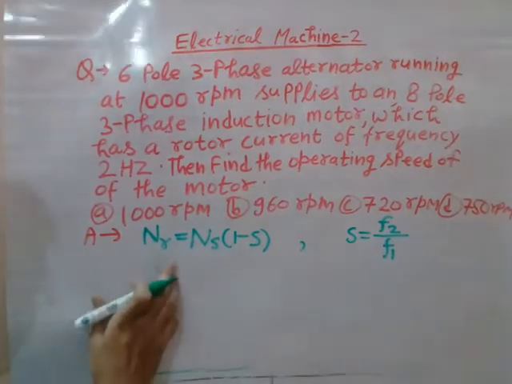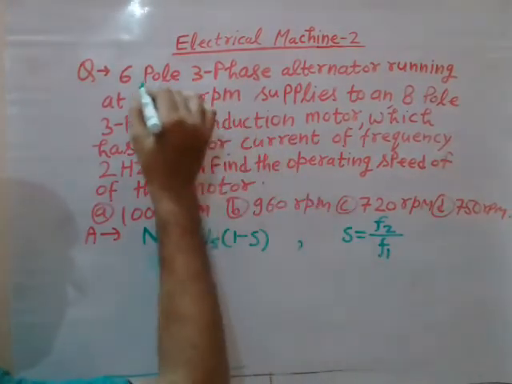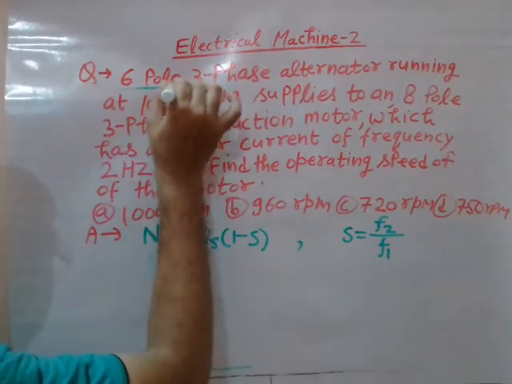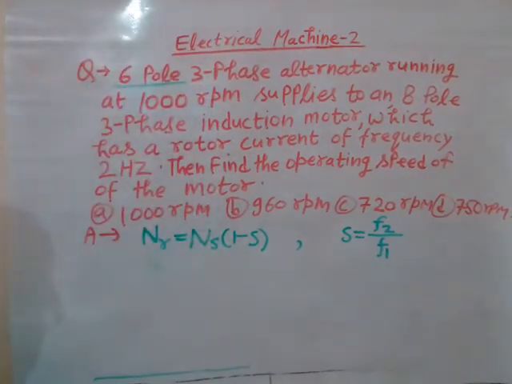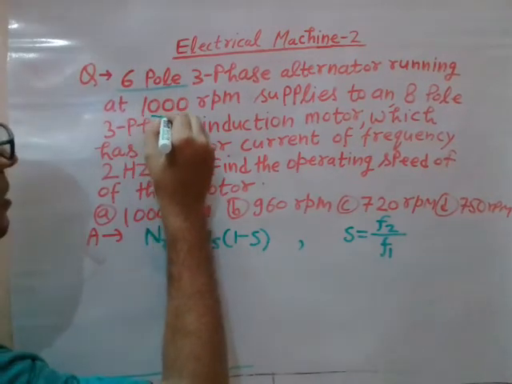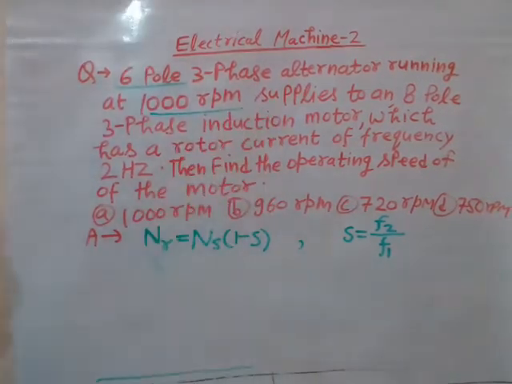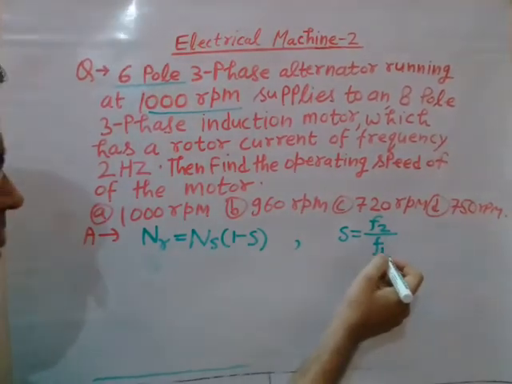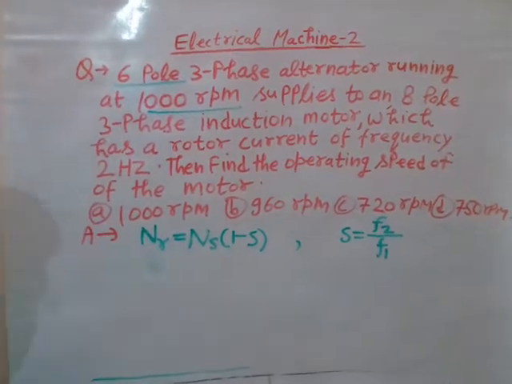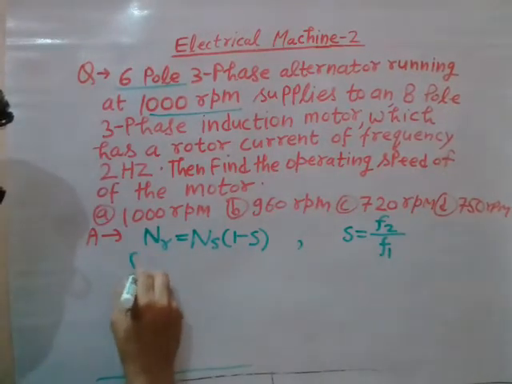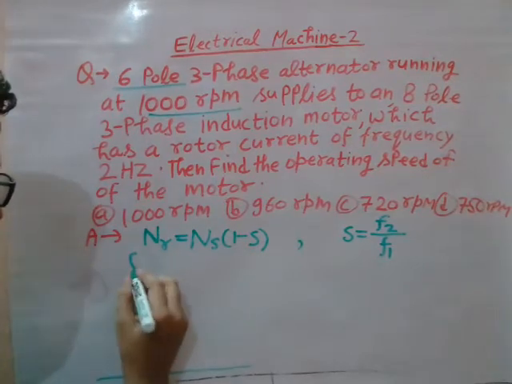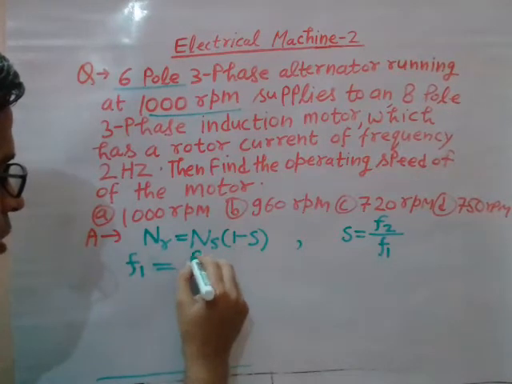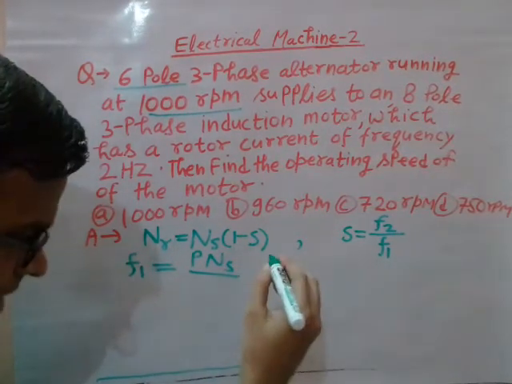To calculate the supply frequency, he has given you the data of the alternator. Which data? That the alternator is a 6-pole alternator, and the operating speed of the alternator is 1000 rpm. With these two data, you can calculate the supply frequency to the induction motor, F1. How to calculate? See here. I am going to use the basic relation F1 is equal to P NS by 120.